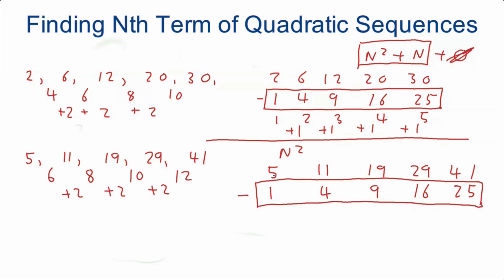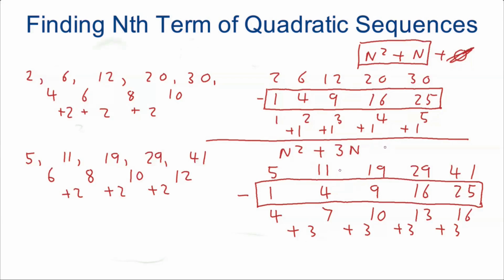Take this away. 1 from 5, 4. 4 from 11 is 7, 10, 13, 16. The difference between them is +3. It is going to be +3n.